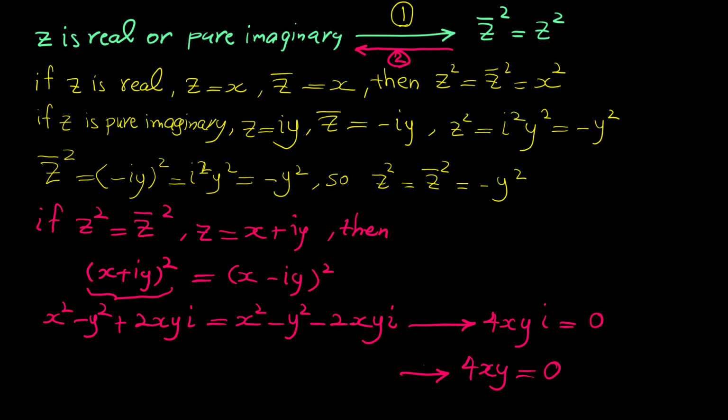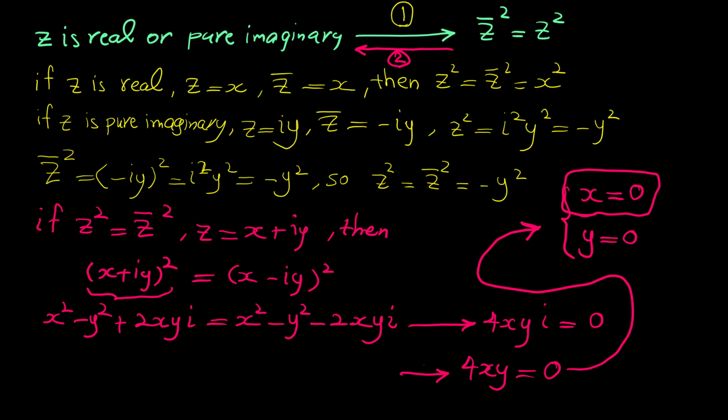Because 4xy is 0, from this immediately we can conclude that either x is 0 or y is 0. Because 4xy is 0, one of the components in this product should be 0. It can be either x or y. If x is 0, then what does it mean?